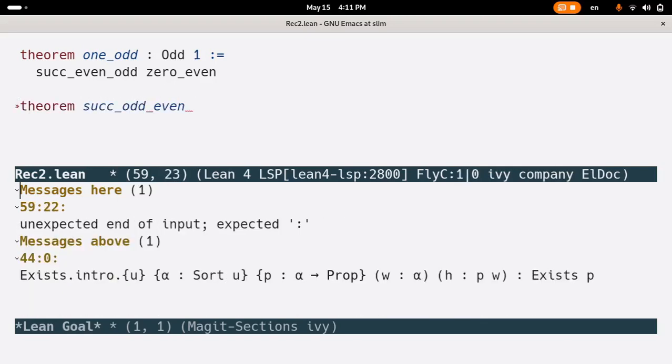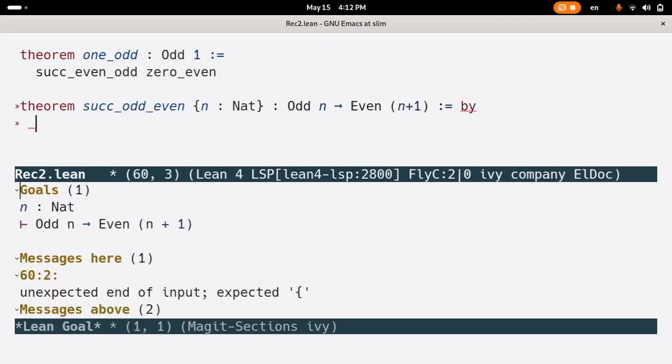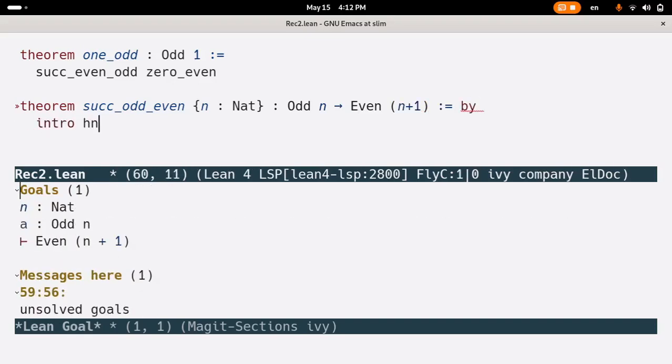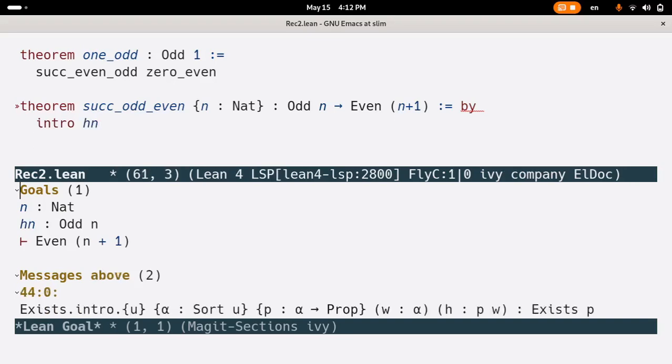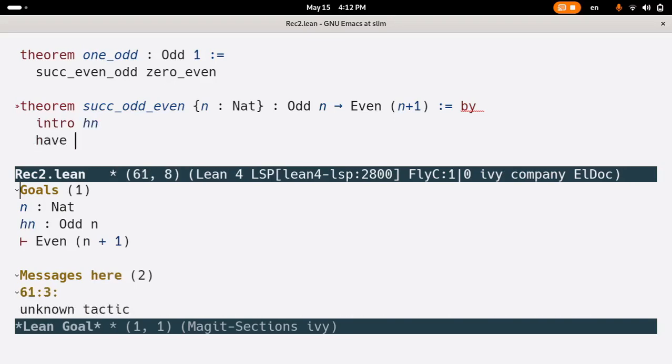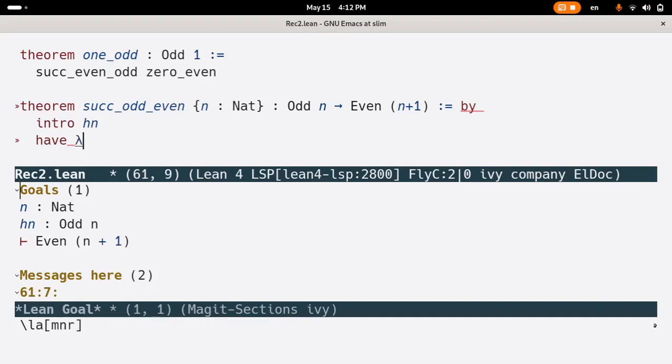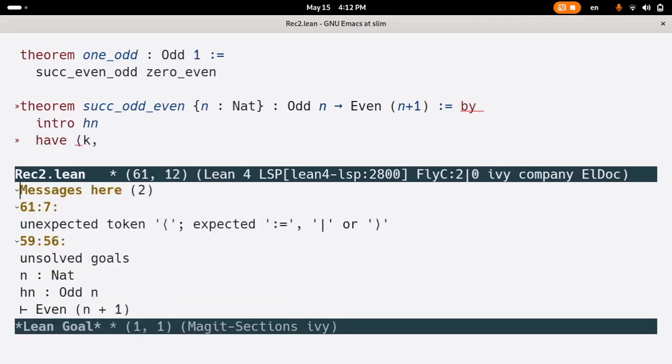We can prove the successor of an odd number is an even number using a very similar proof. The initial steps are as before.